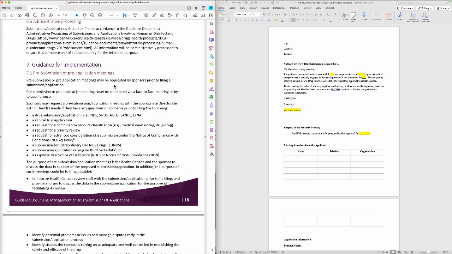If you have some type of inclusion and exclusion criteria for a clinical trial, is it okay with Health Canada reviewers? Is there something else that Health Canada reviewers would like to add? Do they have any question?